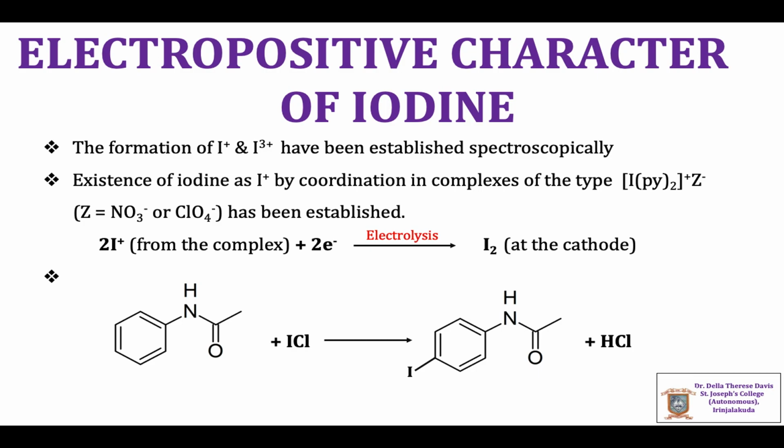Acetanilide undergoes aromatic electrophilic substitution when treated with ICl to form 4-iodoacetanilide. This reaction is also a proof for the formation of I plus ion.